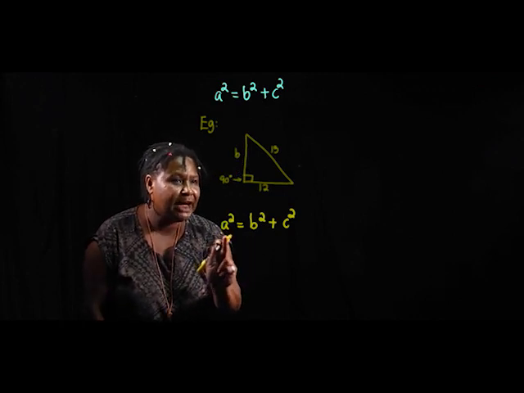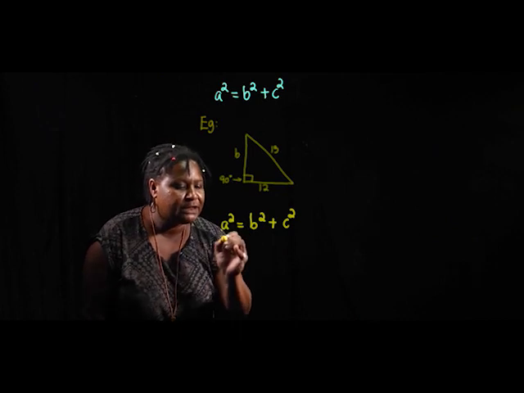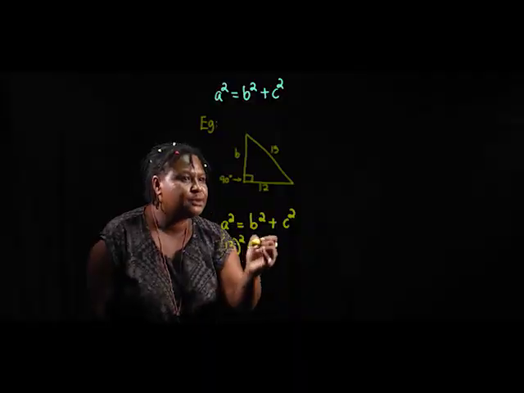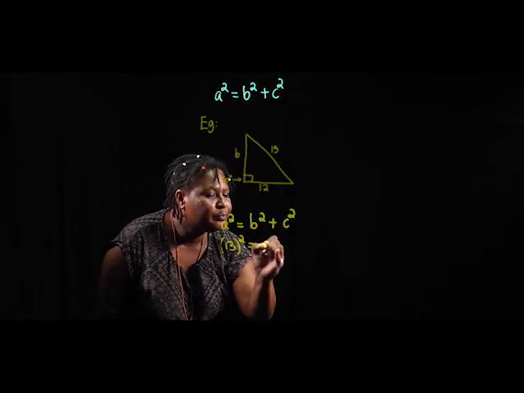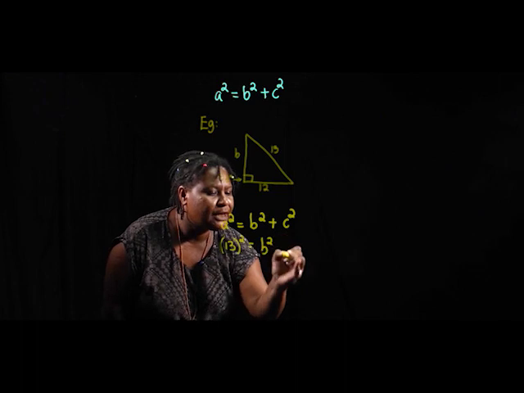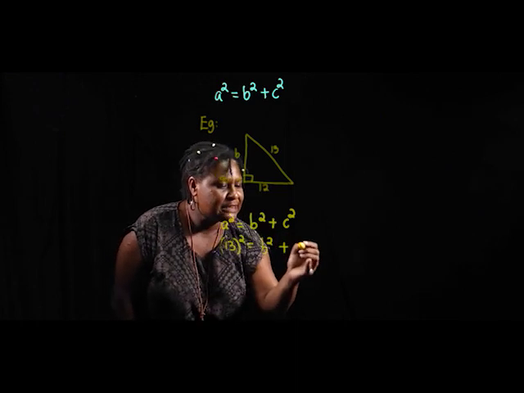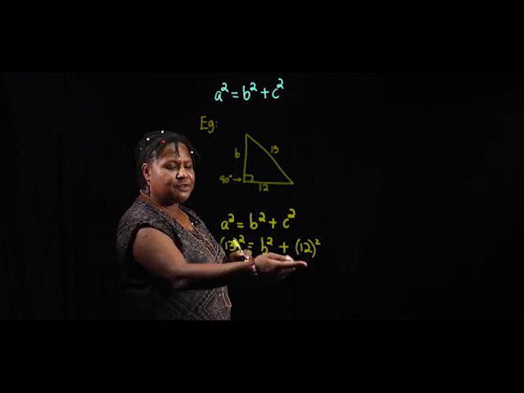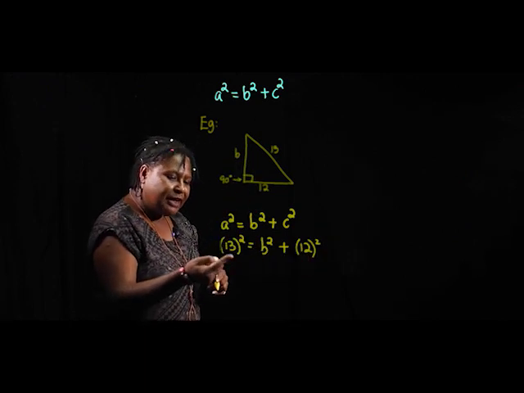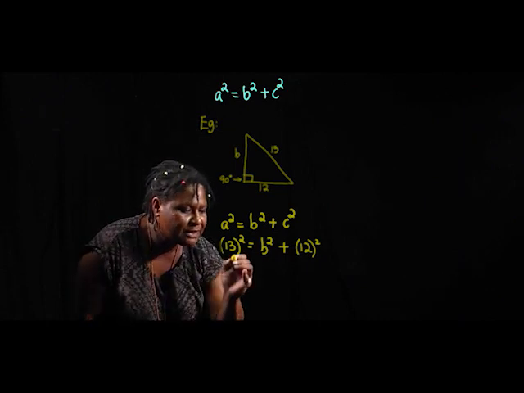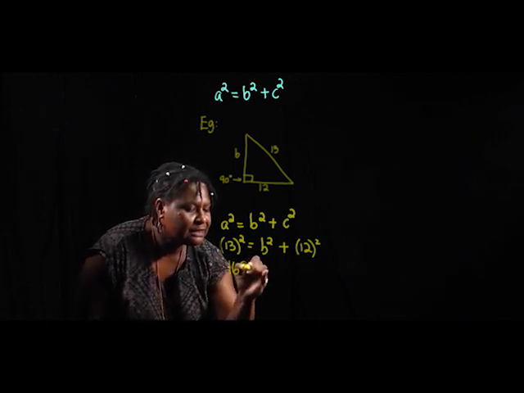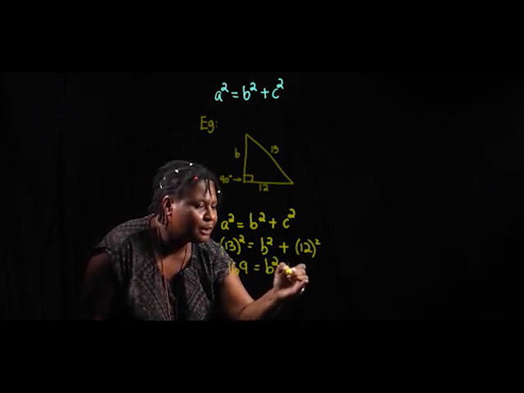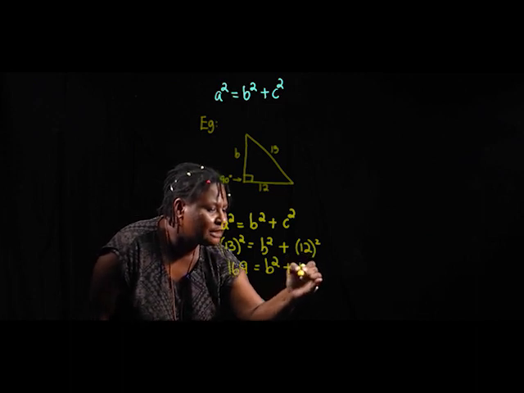Remember, a squared is the hypotenuse, so 13 goes here. 13 squared is equal to, b is unknown, so we keep it as b squared, plus c is 12 units, so 12 squared. Let's simplify this. 13 times 13, or 13 squared, is 169, equal to b squared plus 12 times 12 is 144.